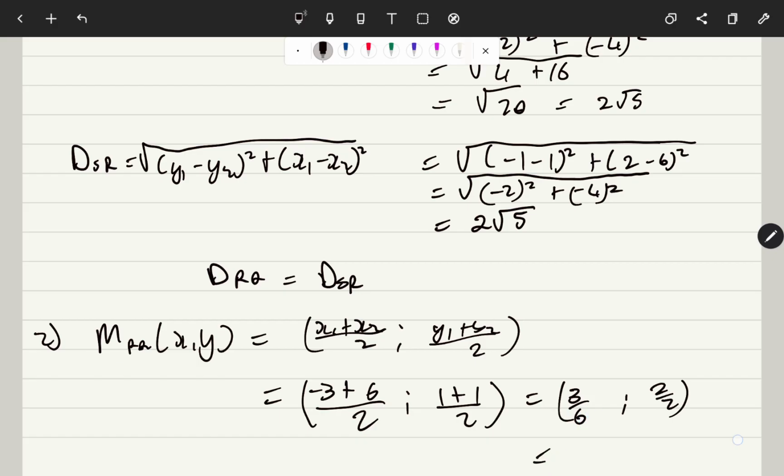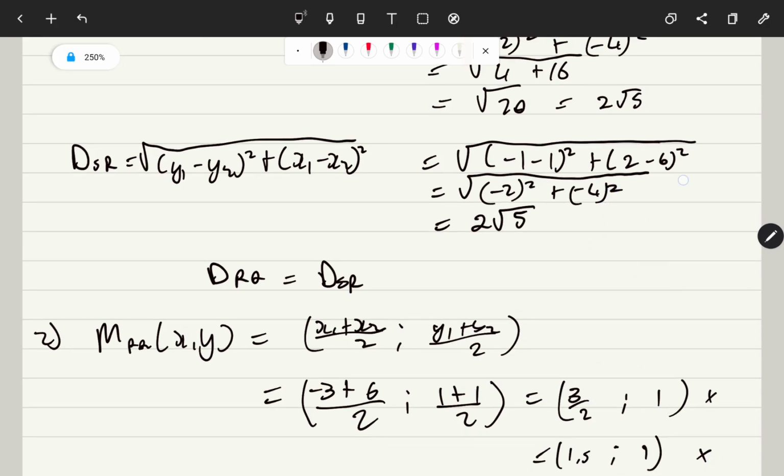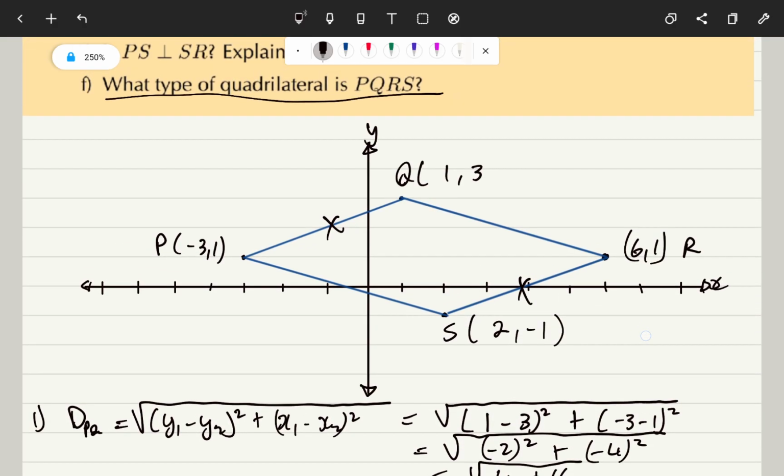To write them as numbers instead of fractions, you're going to have 1.5 and 1. You can leave it like this, or you can leave it like this. It doesn't really matter, but that's your midpoint. Let me use a different color.